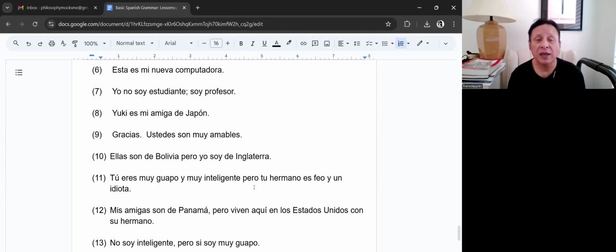You can't say mi computadora nueva, but you can say mi nueva computadora, right? Both are acceptable. I told you the adjectives in Spanish commonly follow the noun they modify, but sometimes they go before. And sometimes they only go before, but those are like numbers and stuff like that. Esta es mi nueva computadora. This is my new computer.